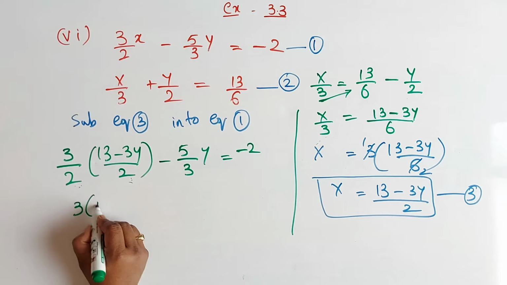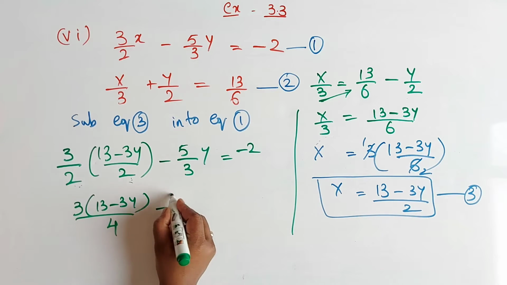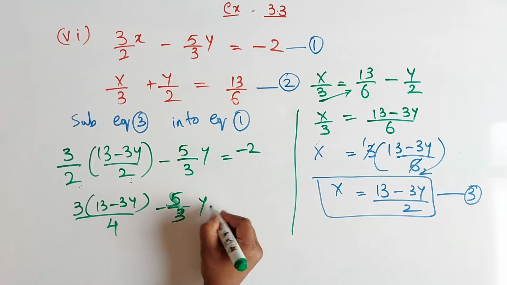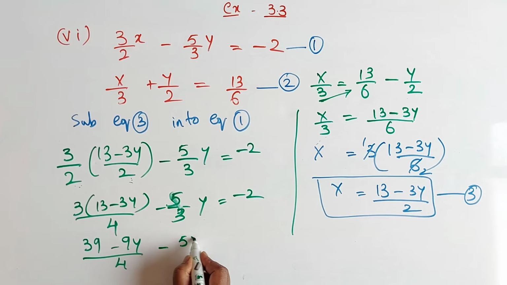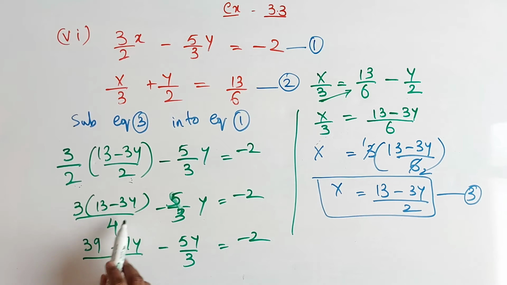So 3 of 13 minus 3y divided by 4 I can write, minus 5 by 3y equal to minus 2 children. From here 39 minus 9y divided by 4 minus 5y by 3 equal to minus 2. Here I multiplied with 3.